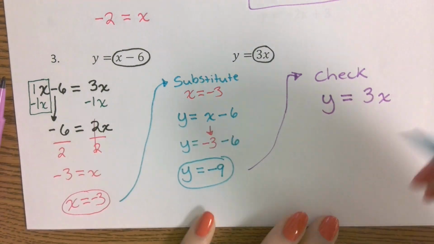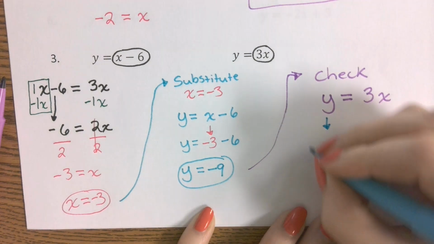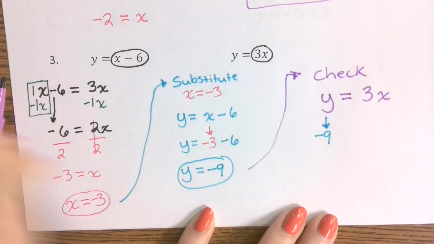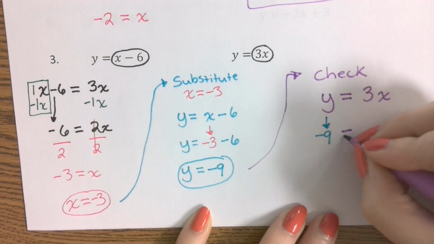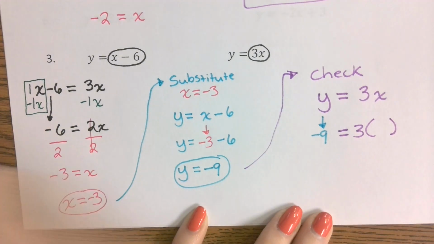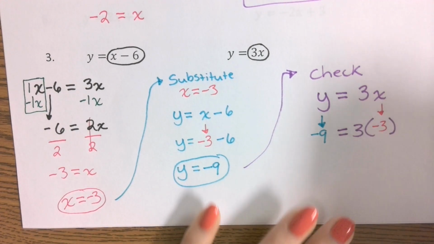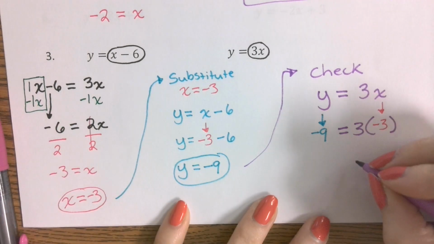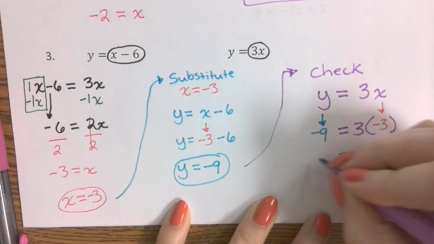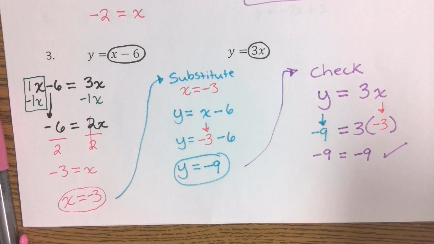What am I replacing the y with? Negative 9. Be careful, if you replace the wrong thing, you're going to wind up seeing, oh, it looks wrong, it doesn't work, when really you just substituted the wrong value. What are we replacing the x with? Negative 3. And what's 3 times negative 3? Negative 9. So we get negative 9 is equal to negative 9. It's true, it worked. We have our solution.